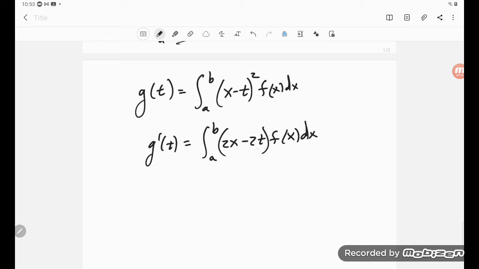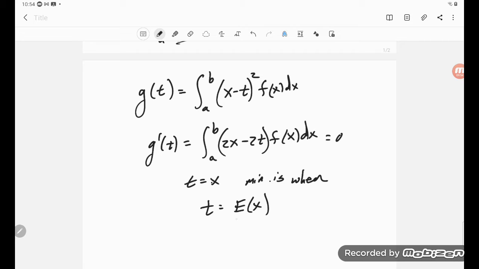So what we see is that to make this 0, we need t to equal x. In other words, we need this to be our minimum value when t is the expected value of x, because x can't actually be x. X is changing, right?